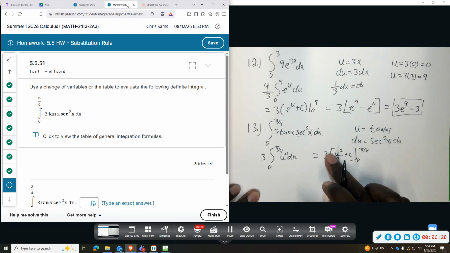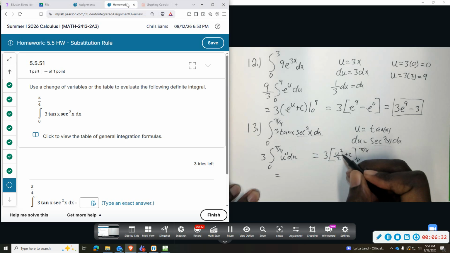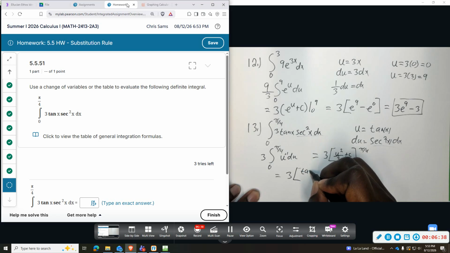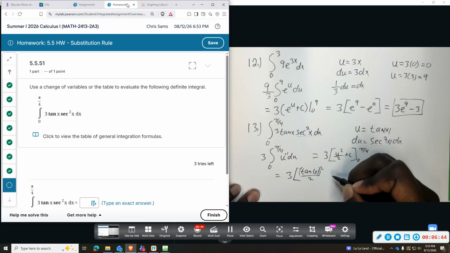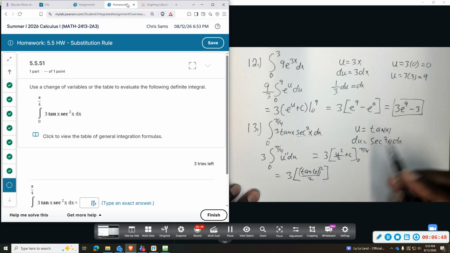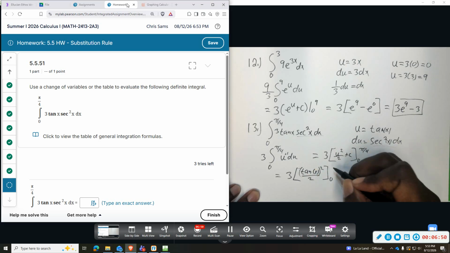So instead of changing the limits, I just go back and plug it in. So 3, this is going to be tan of x squared over 2, evaluated from 0 to pi over 4. Now the plus c, I'm not writing it because it's going to go away.